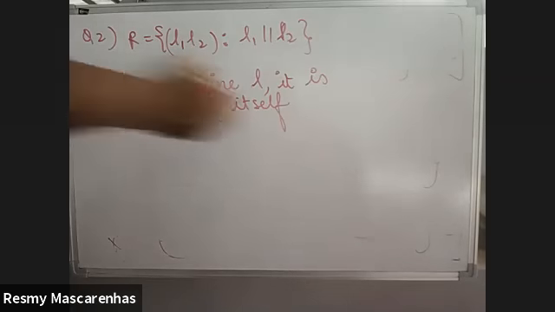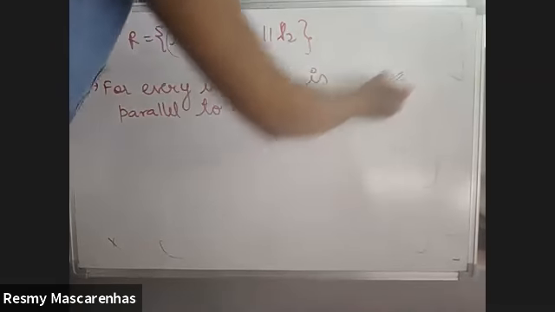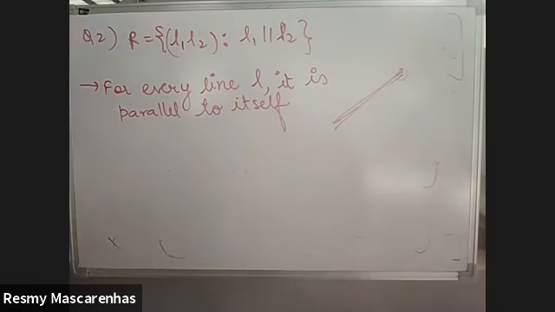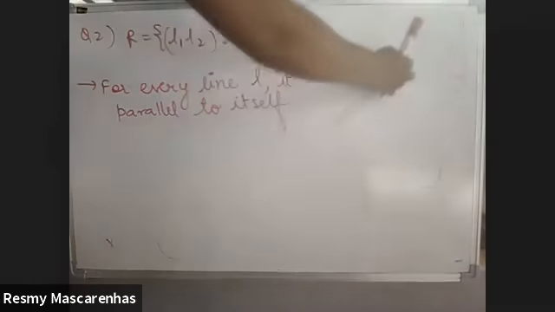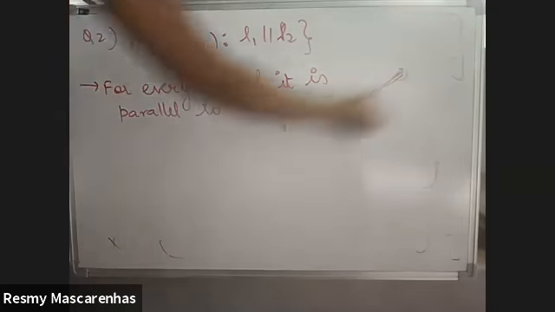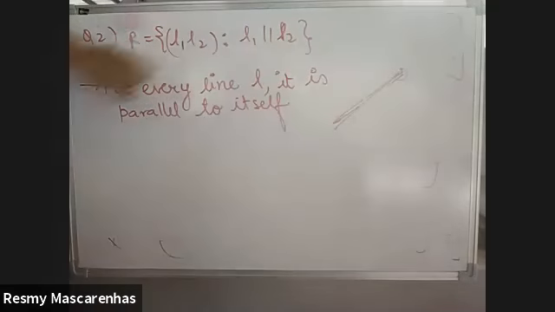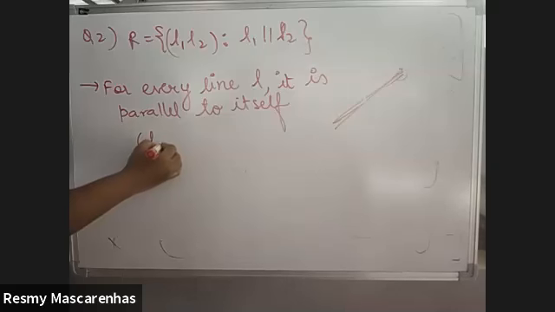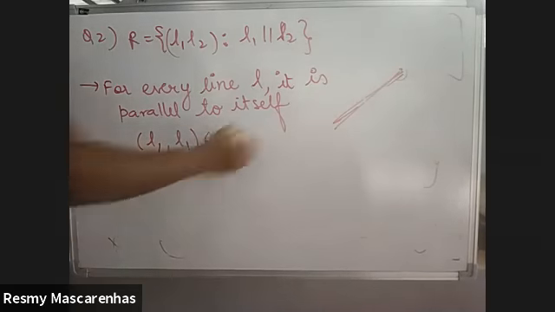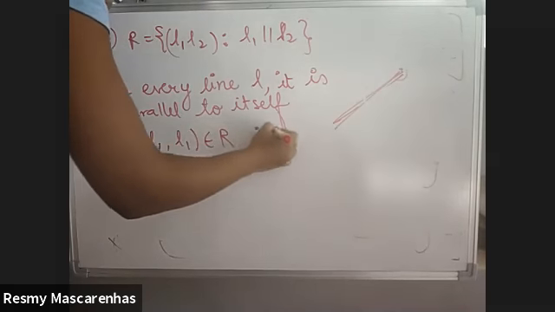This is a fixed step which you have to write. Take any line, obviously it will always be parallel to itself, correct? It will not be something perpendicular. With itself, it will always be parallel. It's in the same direction, no? So that's why you have to write that L1 is satisfying the condition. Therefore reflexive.